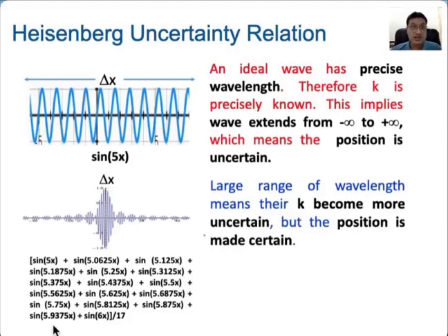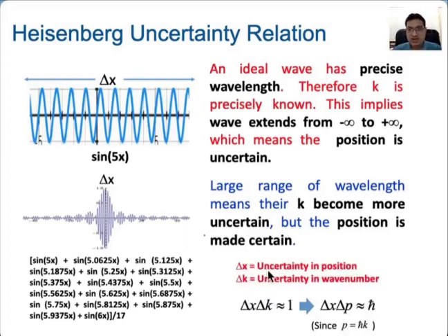So there is some uncertainty in your k value now. But the position is certain because your wave is localized into this vicinity. So if you try to know the wavelength or the wave vector in a precise way, then your position becomes uncertain and vice versa.